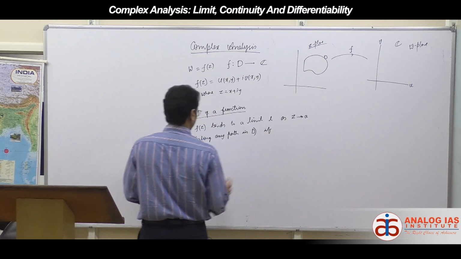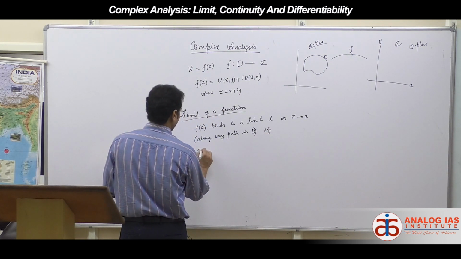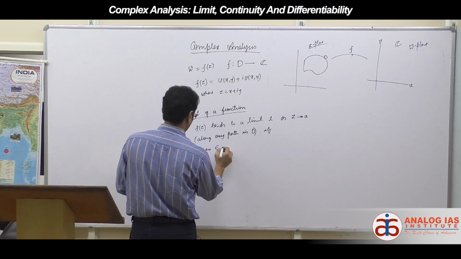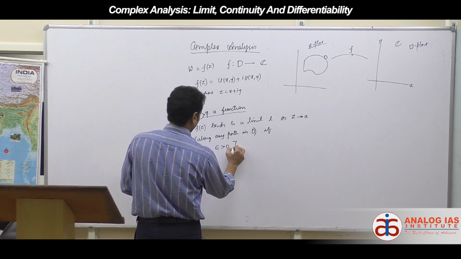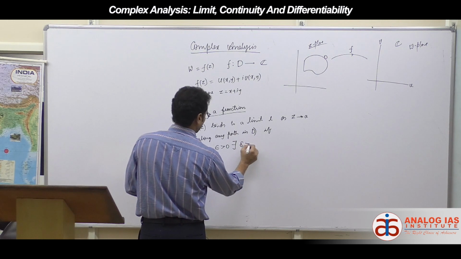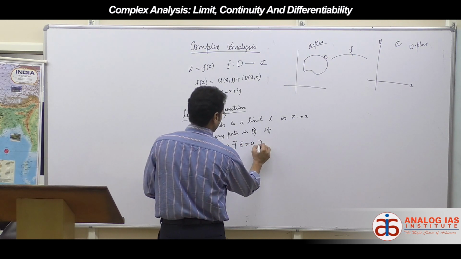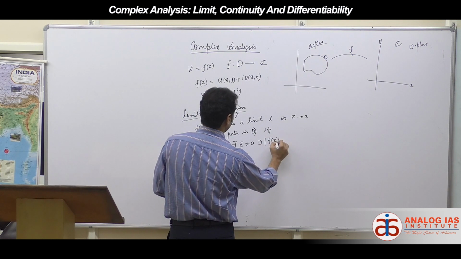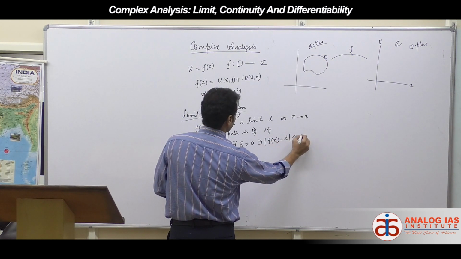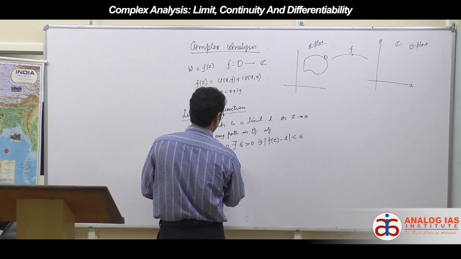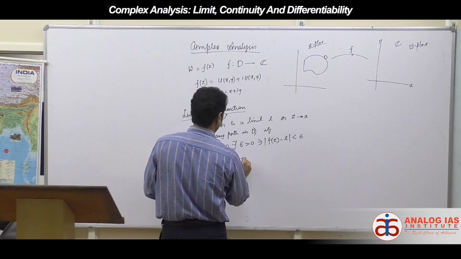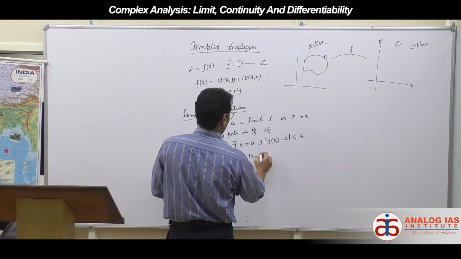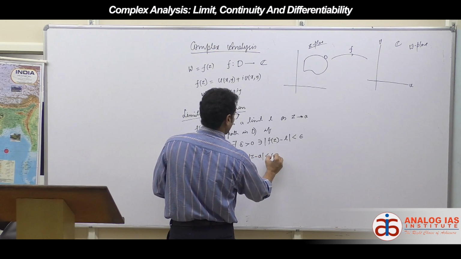if, given an epsilon greater than 0, there exists a delta greater than 0 such that mod f of z minus L is less than epsilon whenever mod z minus a is less than delta.